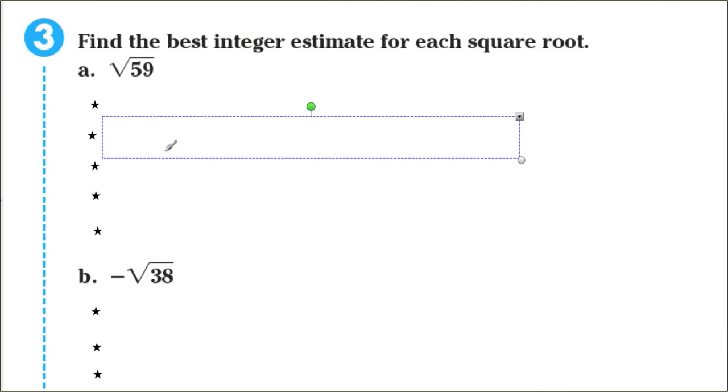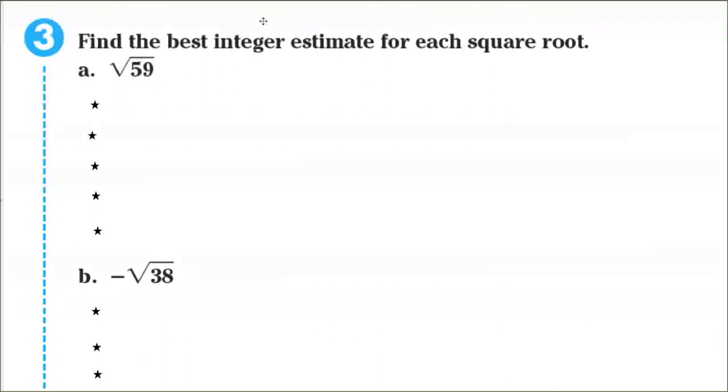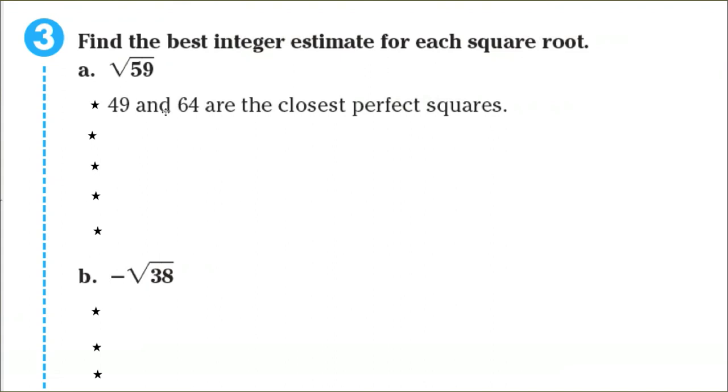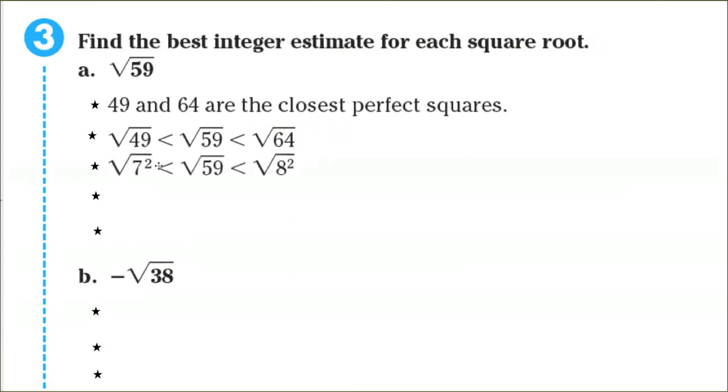Again, how do we use this? Let's look at this scenario. Find the best integer estimate for each square root. We want to find radical 59, the square root of 59. First, 49 and 64 are the closest perfect squares, meaning 59 is in between 49 and 64. We know for a fact that the square root of 49 is 7 and the square root of 64 is 8.